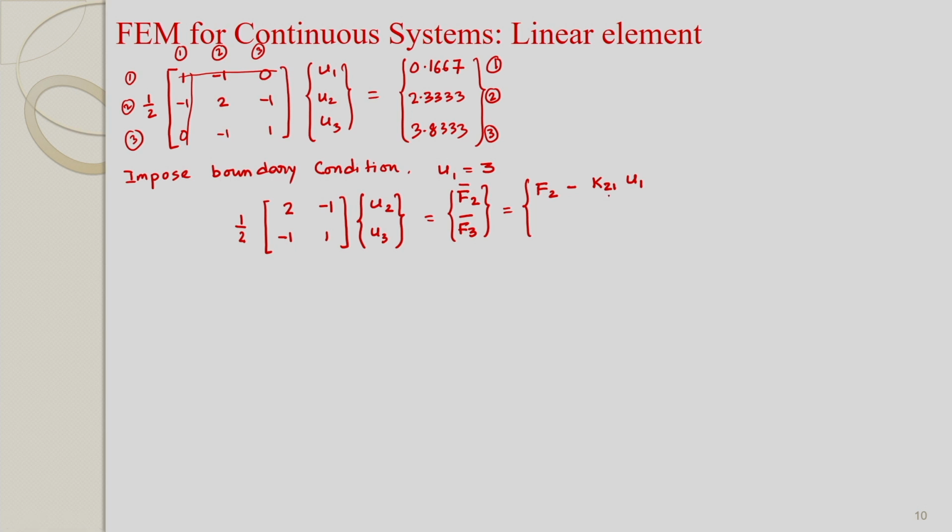So, the first index is which row I am considering, that is the second row, and the second index is the index of the prescribed degree of freedom, that is 1. So, this is minus K21 and F3 bar will be, again I am considering the third row and for prescribed degree of freedom U1. Therefore, the second index is 1.